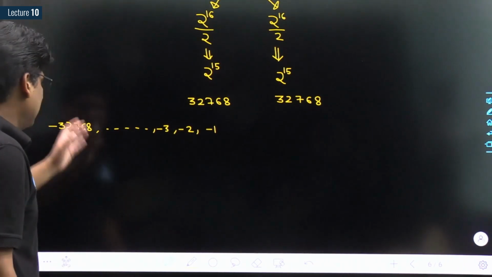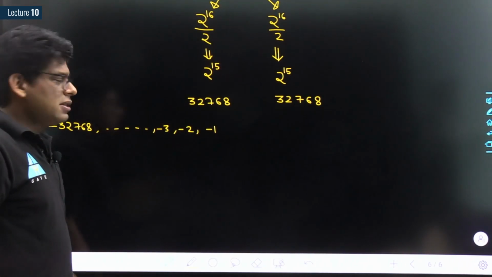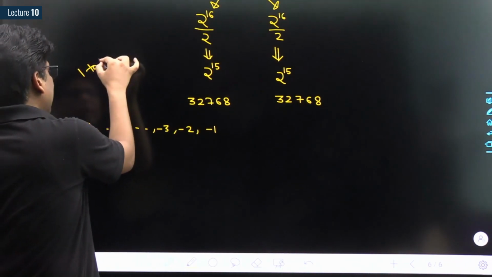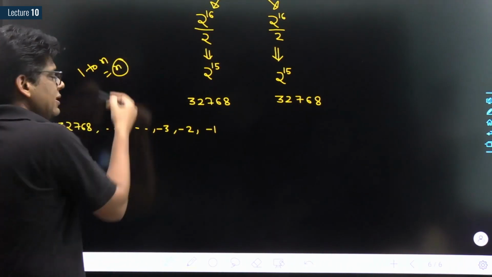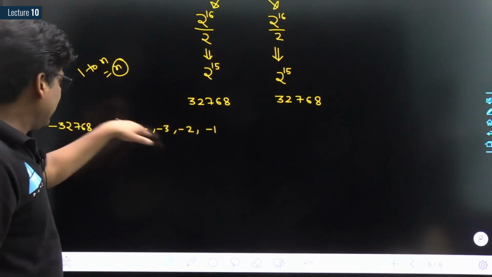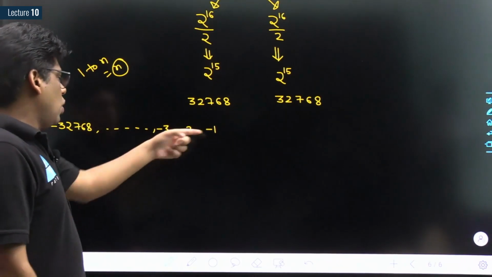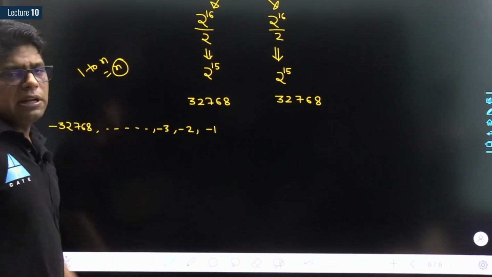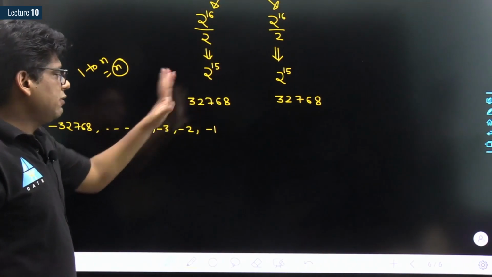If I forget the negative sign and ask how many are there, the count from 1 to n is n, so it is 32768.